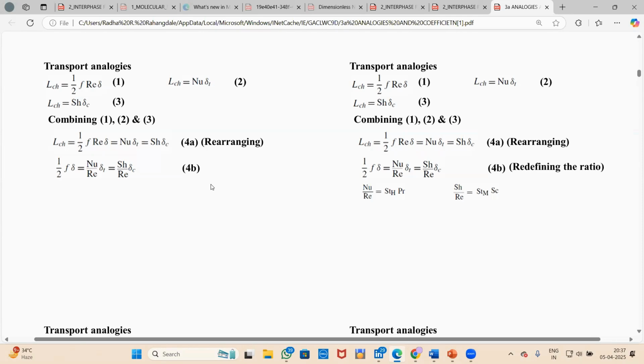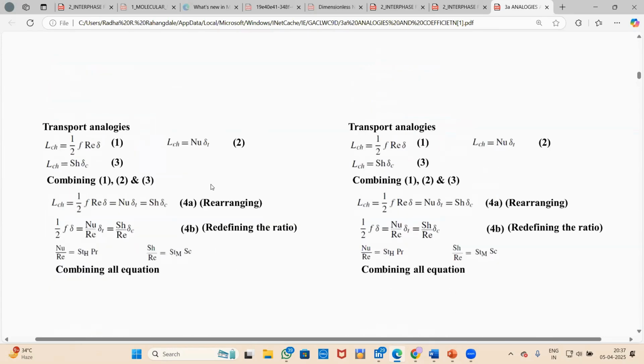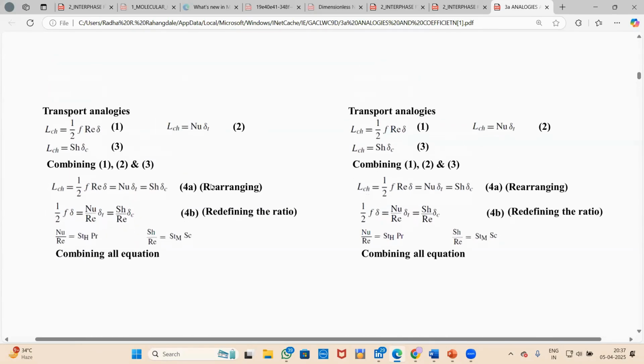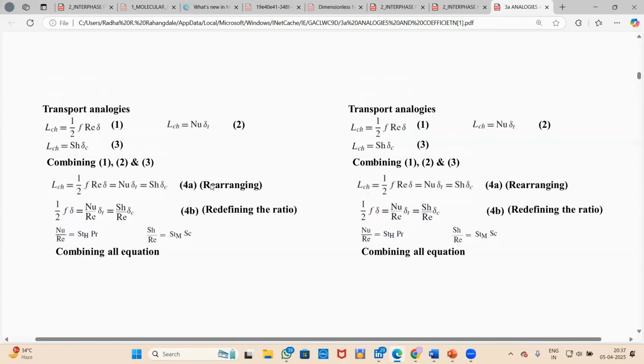Hence, we can rearrange this term for 4b as half F delta is equal to Nusselt number upon Re into delta_T is equal to Sherwood number upon Re into delta_C. Combining all equations and our newly generated equations, that is Nusselt number upon Re is equal to St_H into Pr and Sh upon Re is equal to St_M into Sc, we get.